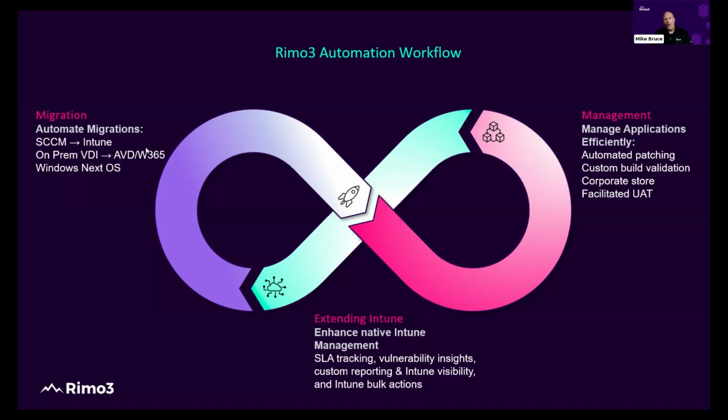Remo 3 has an automated workflow engine that can take your legacy applications, modernize them for any of these areas, and then migrate them to whatever your management plane is, or make sure that they're validated against your new operating system.